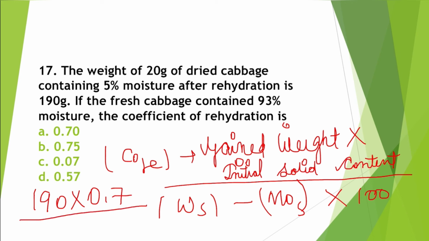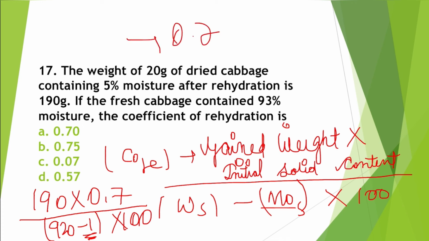Okay, so 0.7, and weight of sample taken for rehydration is 920 minus 1. Moisture content is 1% here. So 920 minus 1 into 100. So the answer will be 0.70. Okay, correct answer is A.